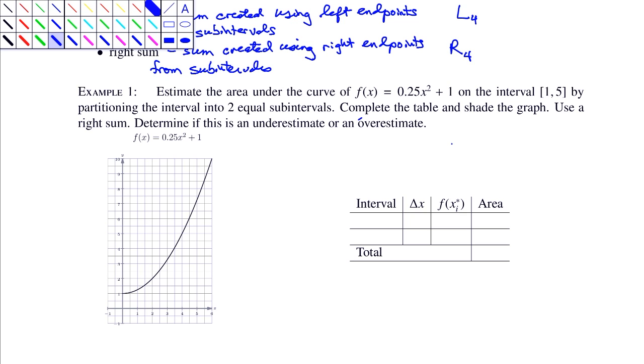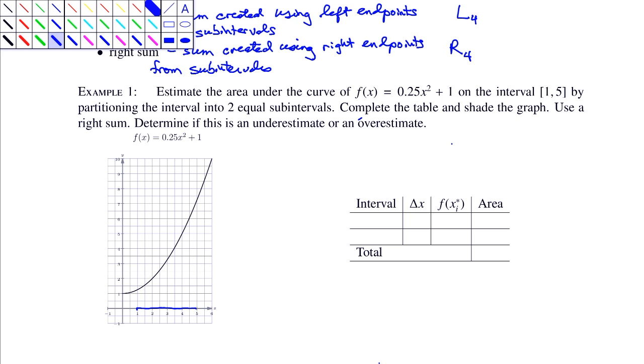So we're going to go from 1 to 5, and I need to split that up into 2 subintervals. So it needs to be 1 to some number, and then that number over to 5. If you have 2 subintervals, you only add 1 extra point.